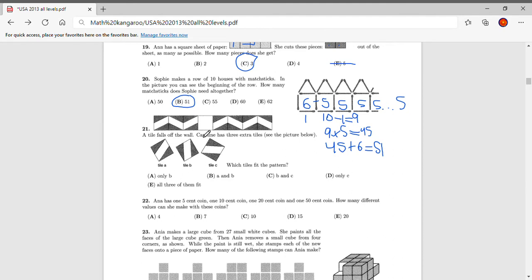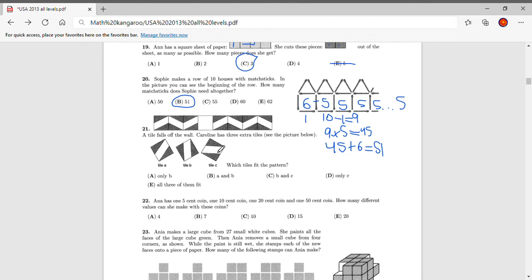So it's very hard to see, but you can notice that tile A is sort of the largest because it leaves a smaller amount of this. Then tile B is the smallest because it leaves a larger amount of this.